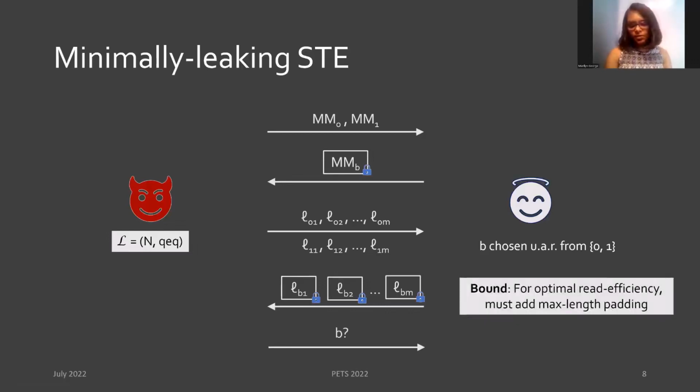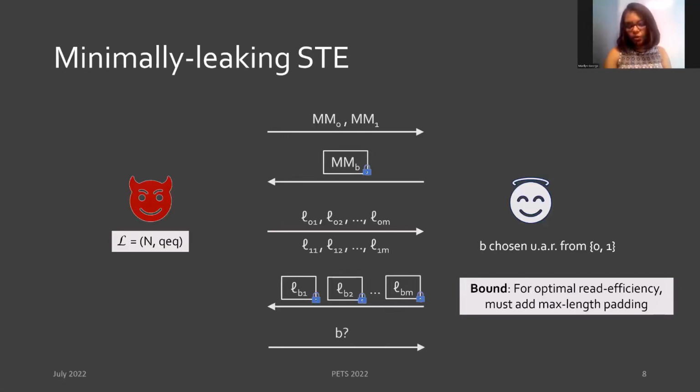The first thing we see from this definition is that in order to suppress the volume of a query, the scheme has to read at least the maximum number of encrypted values. So at least the maximum length has to be read.